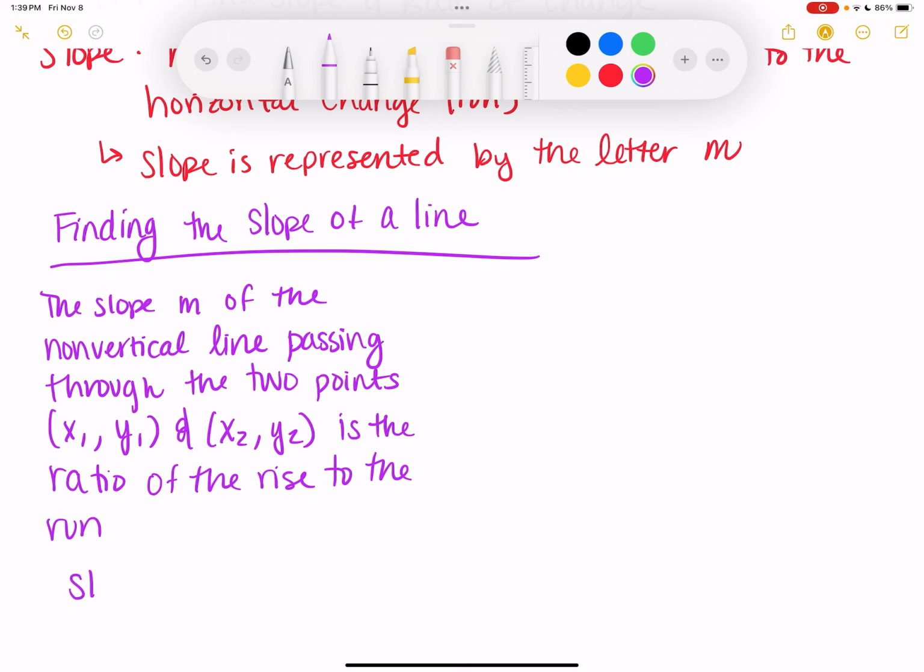So slope equals rise over run, which is equal to the change in y over the change in x.